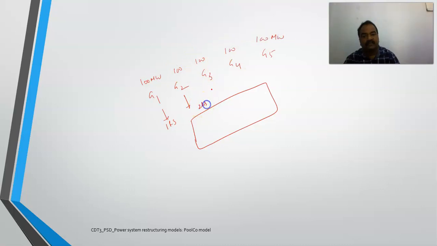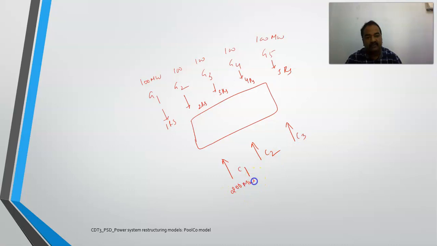They are delivering at 2 rupees, 3 rupees, 4 rupees and 5 rupees. Now let us suppose there are 3 customers, C1, C2 and C3, who want 200 megawatts, 100 megawatts and 100 megawatts of power. They are ready to pay 3 rupees, up to 4 rupees, and up to 5 rupees.